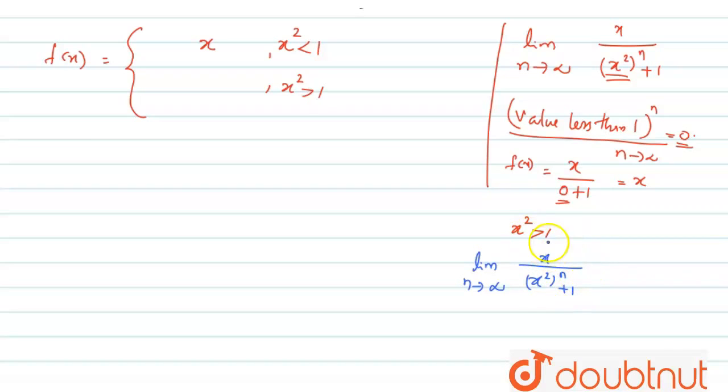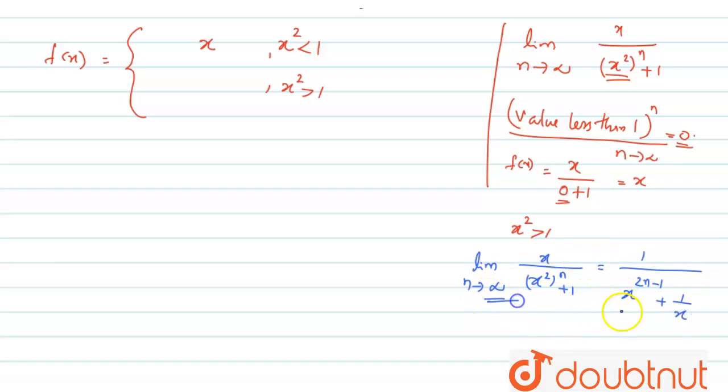Here when x squared is greater than 1, let's divide both the numerator and denominator by x. So it will become 1 by x power 2n minus 1 plus 1 by x. So we are dividing with x here.